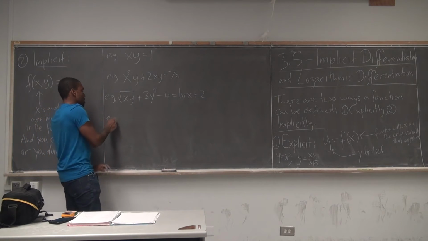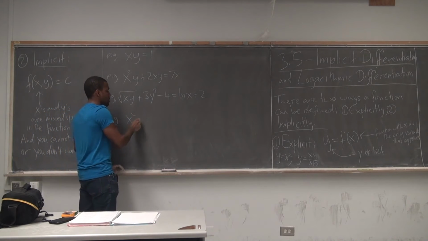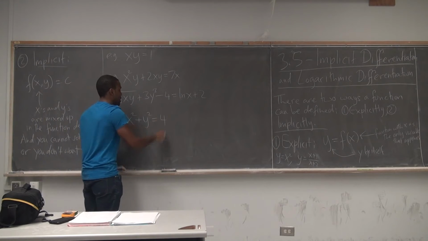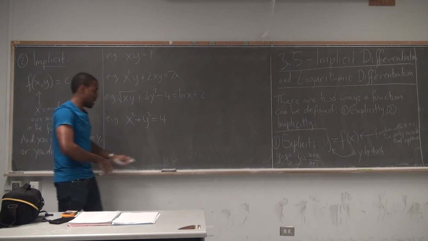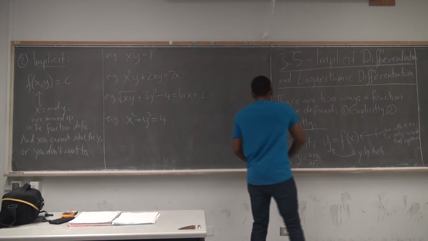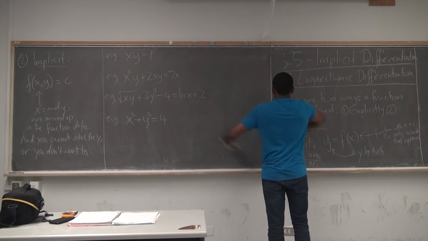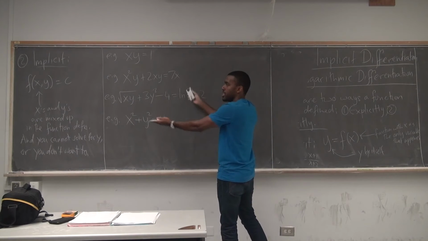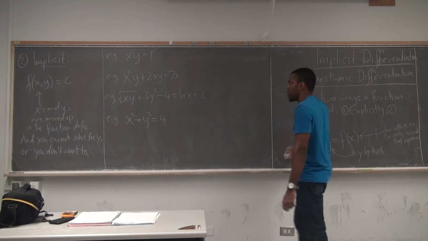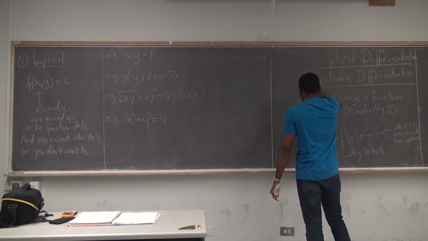A circle is also an example of an implicitly defined function. If I have x squared plus y squared equals 4, my x's and y's are mixed up, and solving for y, I probably wouldn't want to do that. But that's the idea. I have this situation, but I'm still going to want to be able to find a derivative. What if I still want to find y prime? How do I do it in that case?